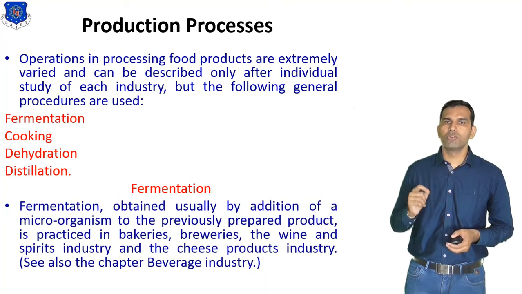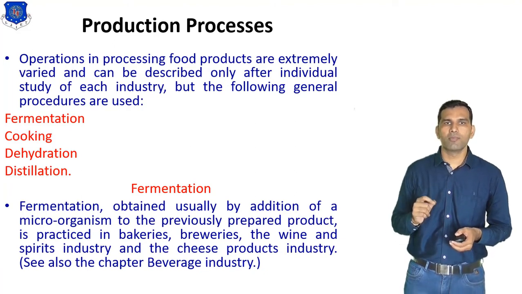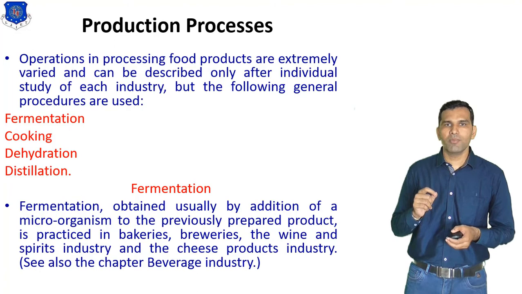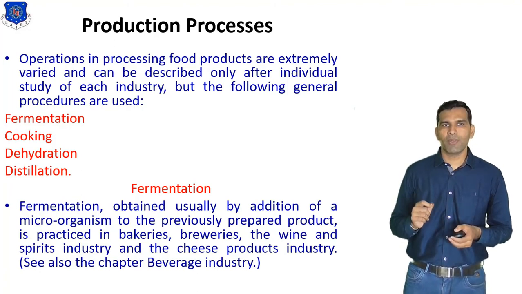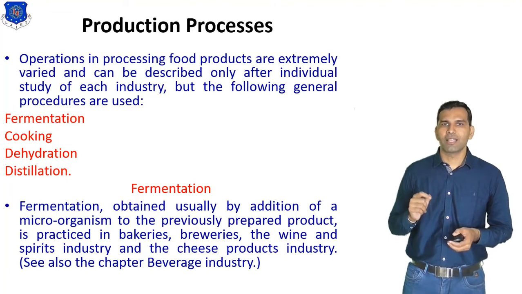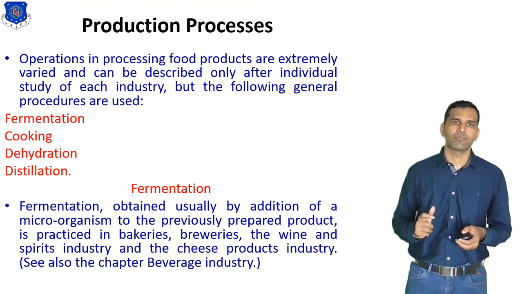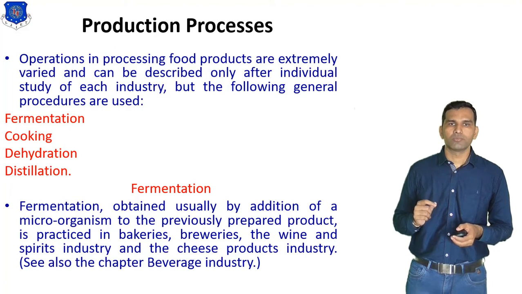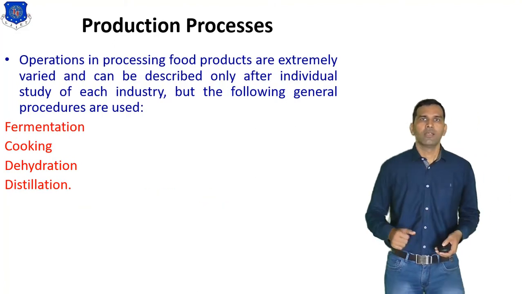Fermentation is obtained usually by addition of microorganisms to the previously prepared product. It is used in bakeries, breweries, the wine and spirit industry, and the cheese product industry. See also the chapter on beverages.